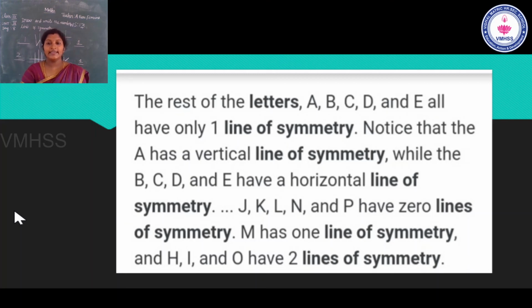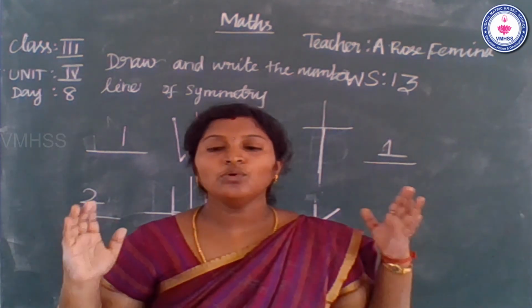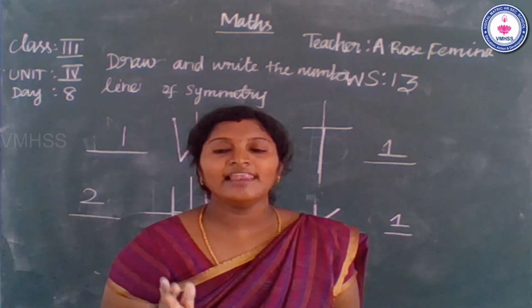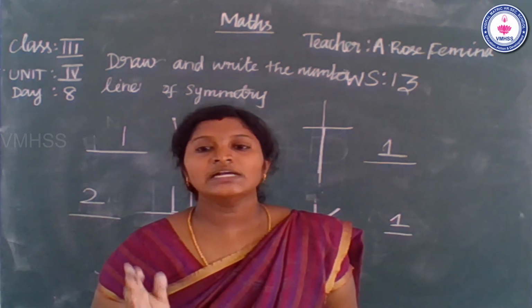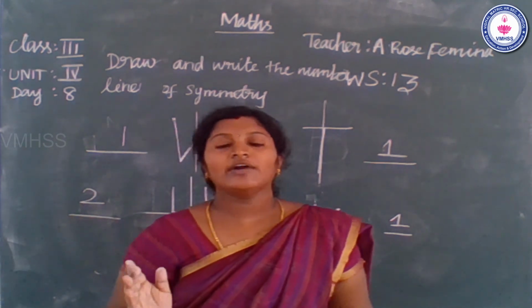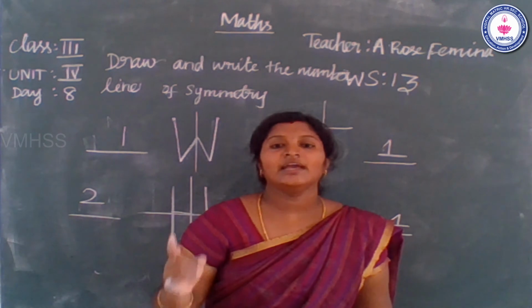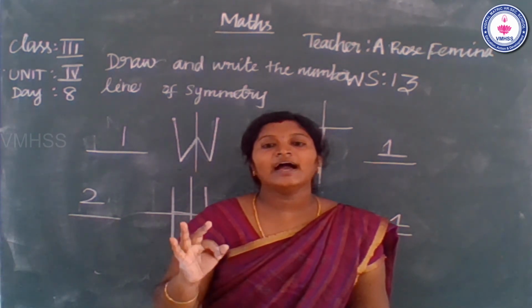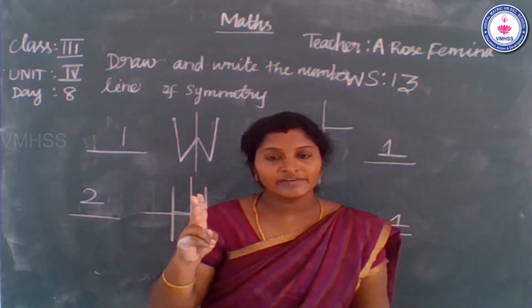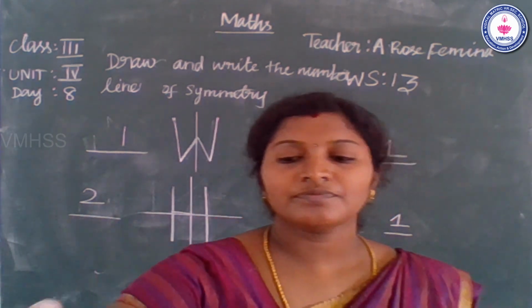A has a vertical line of symmetry, while B, C, D and E have a horizontal line of symmetry. J, K, L, N and P have zero lines of symmetry. M has one line of symmetry, and H, I and O have two lines of symmetry.